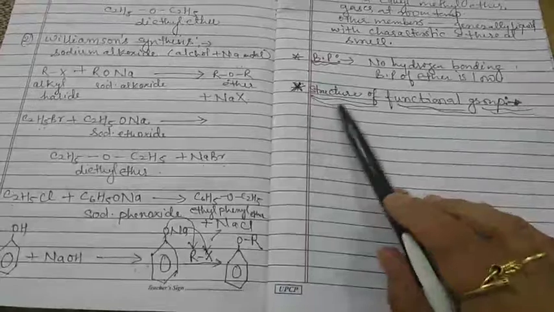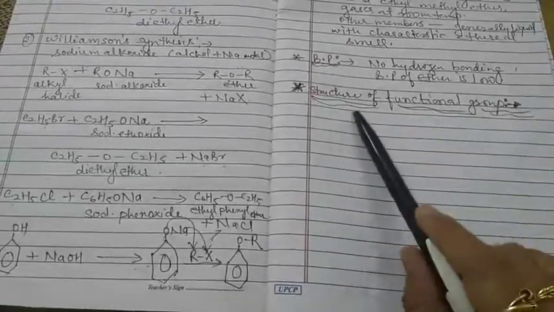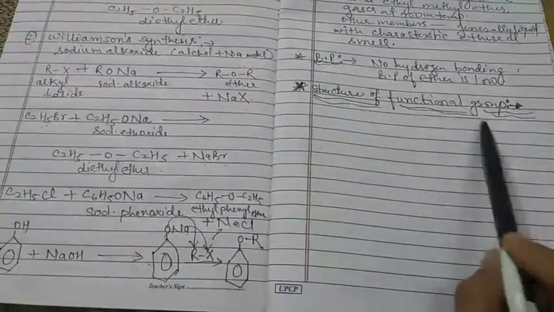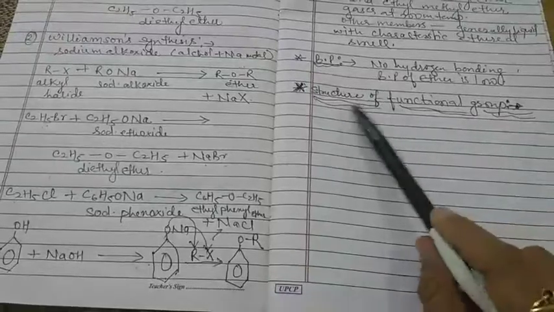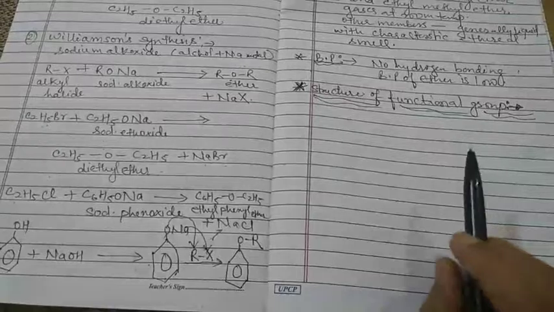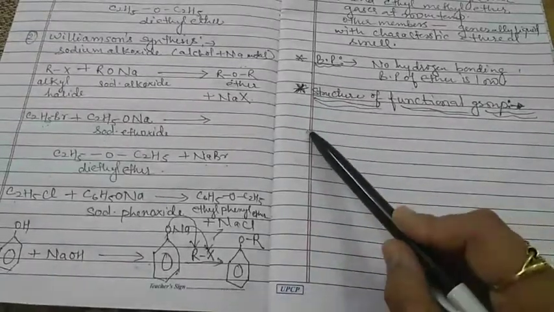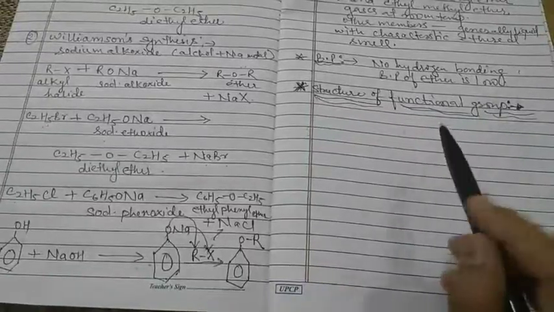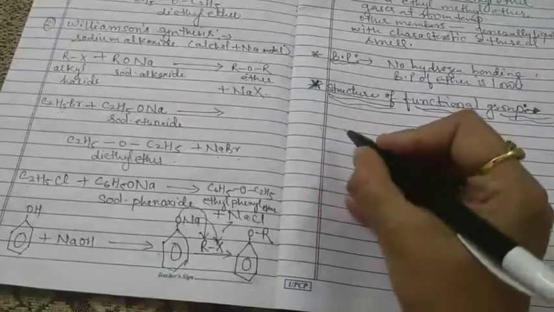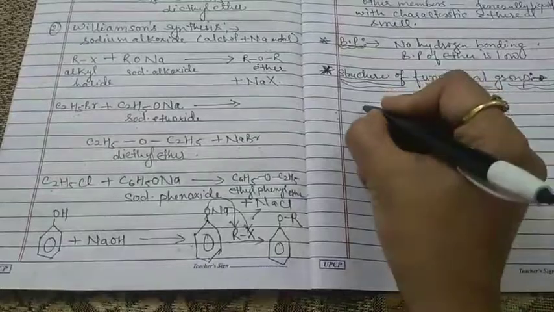Now the next topic is structure of functional group. Actually this topic is related to alcohol, phenol and ether. Here we discuss the structure of the functional group. I am taking the first member of the alcohol family, the phenol family and the ether family. The first member of the alcohol family is methanol.